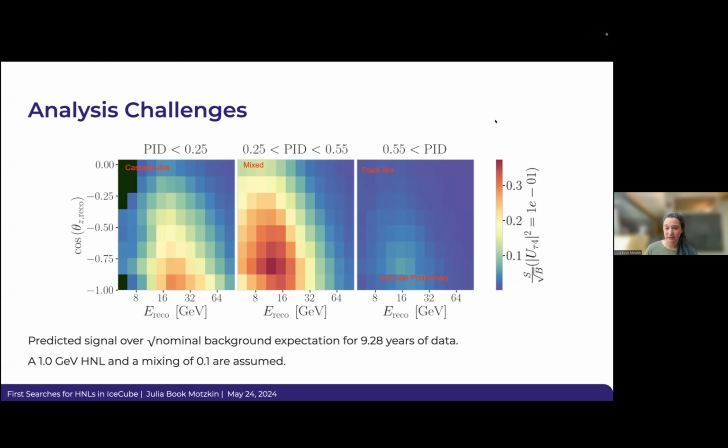However, if you note the z-axis here, it barely goes up to 0.4. Our sample is highly, highly background dominated. And this plot was made with a 1 GeV HNL and a 0.1 mixing strength. This is actually much higher than is considered kind of state of the art in terms of our limits. So this is a very optimistic picture.